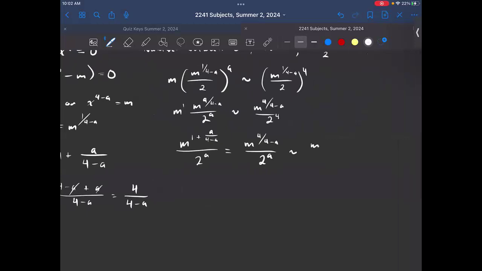So we have m to the 4 over 4 minus a over 2 to the a here. This is somehow related to m to the 4 over 4 minus a over 2 to the 4. And, well, these two in the numerator are exactly the same. So really the only deciding factor here is 2 to the a versus 2 to the 4th power. Okay, well, I know that a was chosen to be less than 4, and that means that 2 to the a is going to be less than 2 to the 4.